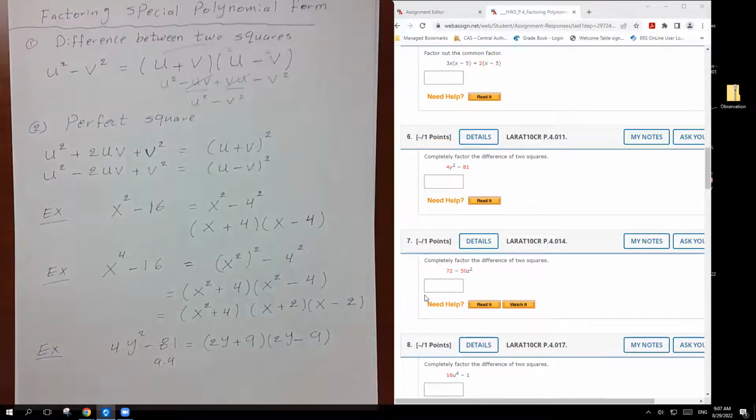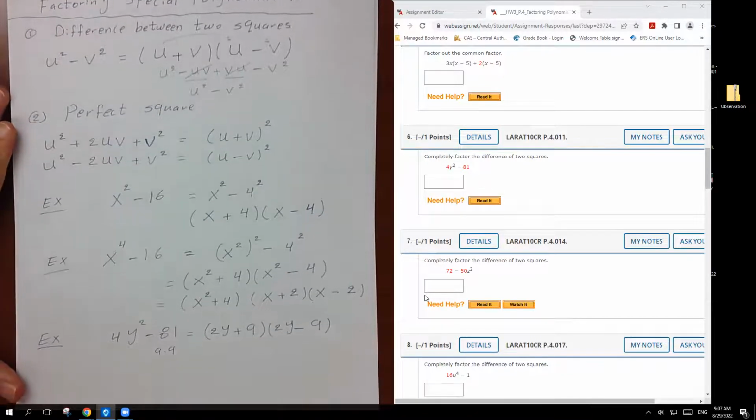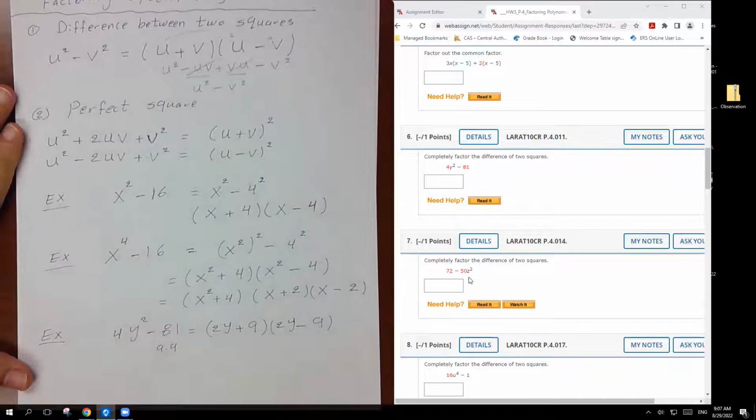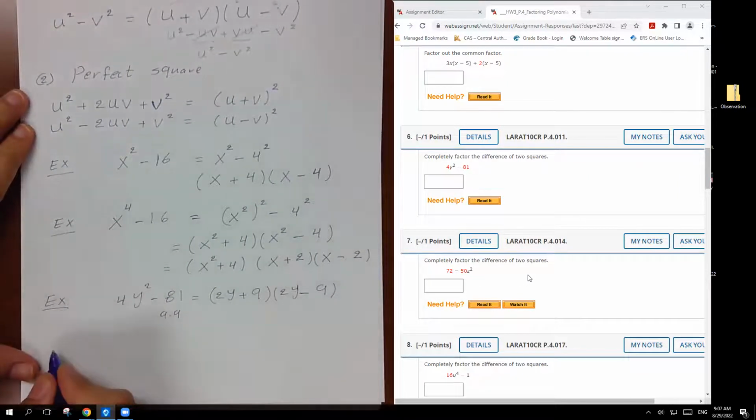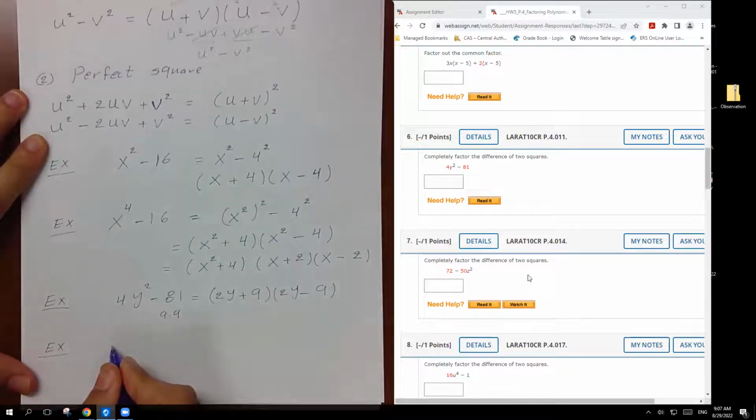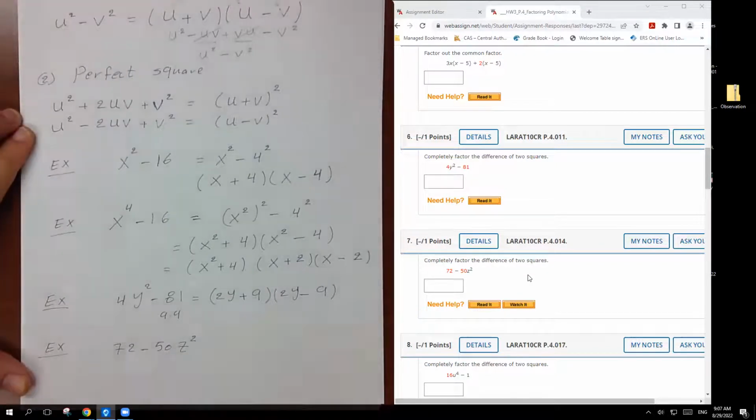Let's check the next example. On the other side, this is really important. So if you have 72 minus 50z squared, if you look at this one, they're telling you to completely factor the difference of two squares.